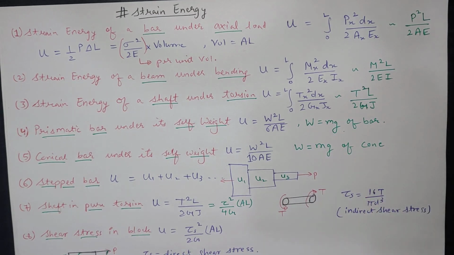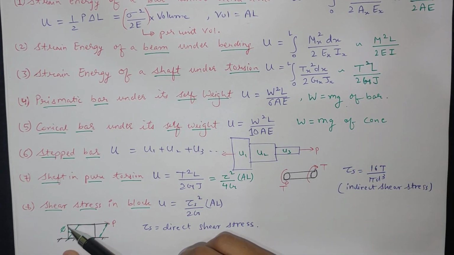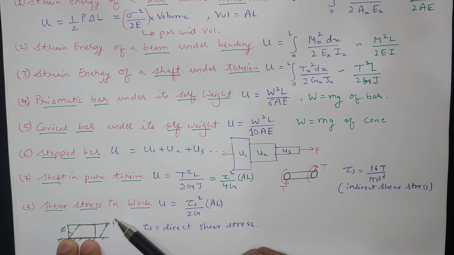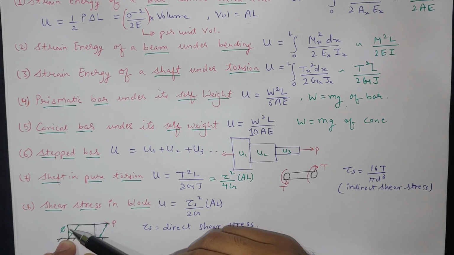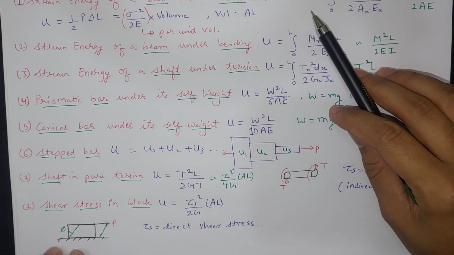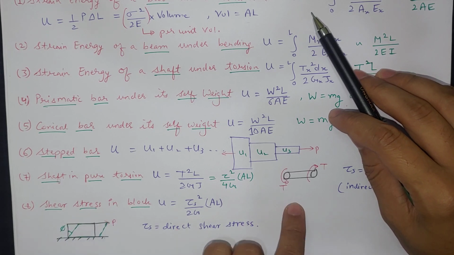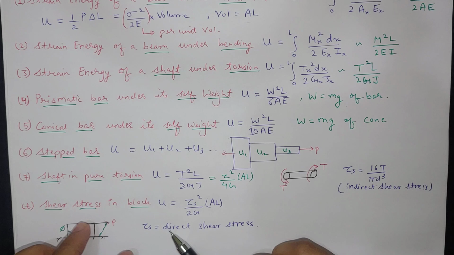But if we give direct shear stress in our material, like here, there is a block, this black box, fixed on the bottom surface. If we pull it by load P, then there will be deformation like the green one. There is some angle of deformation, which is the shear strain. To calculate, the shear stress in the block is tau s, which is the direct shear stress.